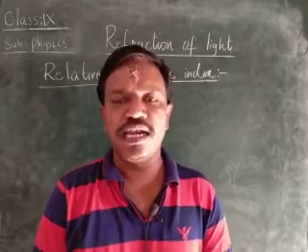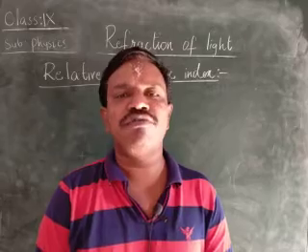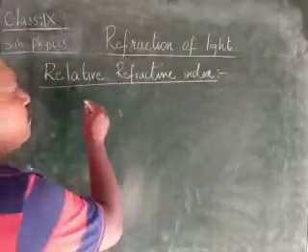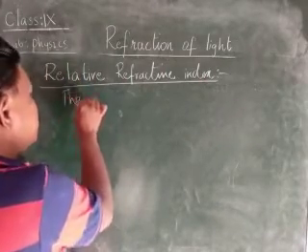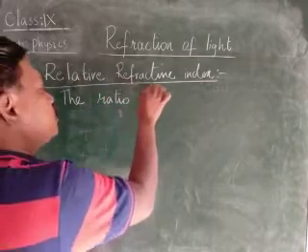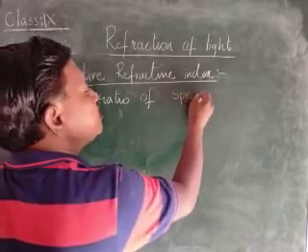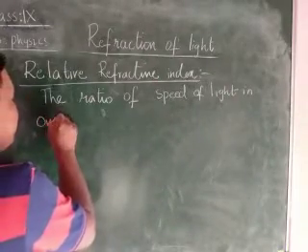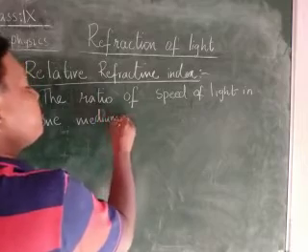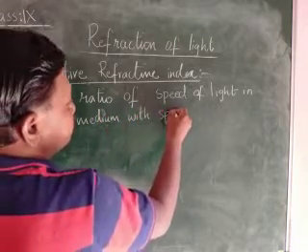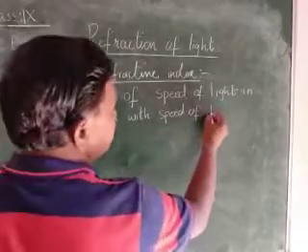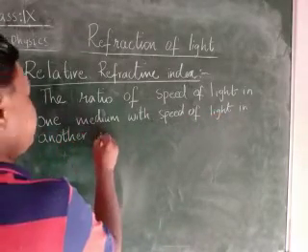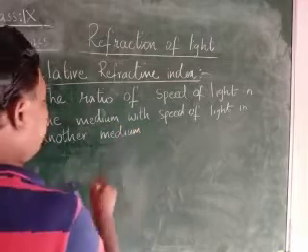Therefore, relative refractive index is defined as the ratio of the speed of light in one medium with the speed of light in another medium.